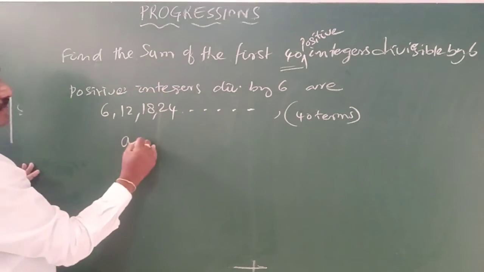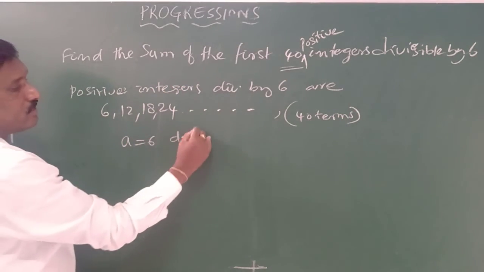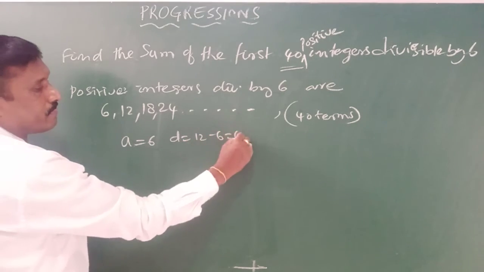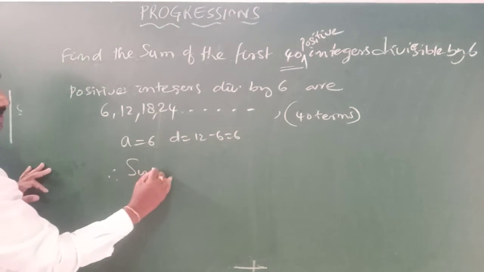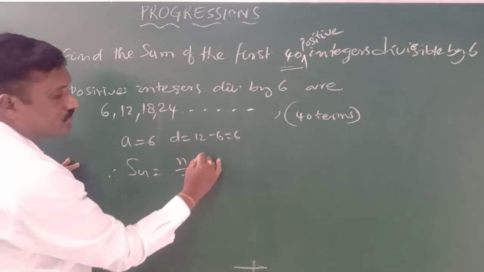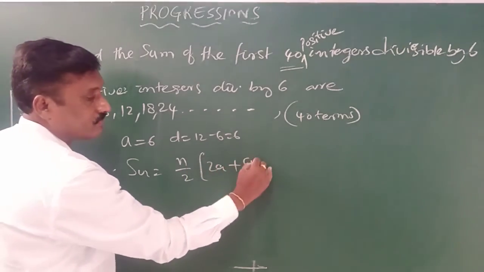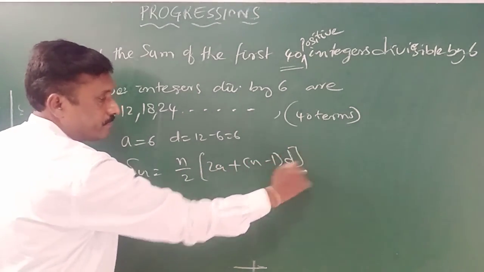So you have the a value is 6, d value is also 6. Therefore the Sn formula is n by 2 of 2a plus (n minus 1) into d.